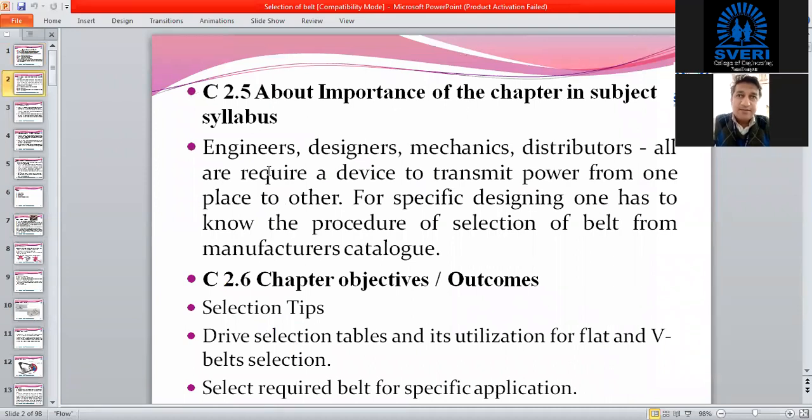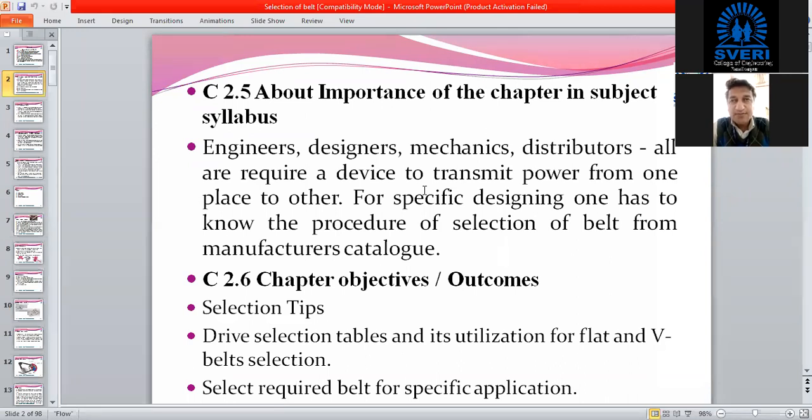Then, as we know, power transmission is the main part of any machinery, where couplings are required, or we transmit power by means of chain, or by means of gears. And this belt is also one important device by means of which we transmit power, as well as vary the torque which is transmitted from the prime mover to the machinery.